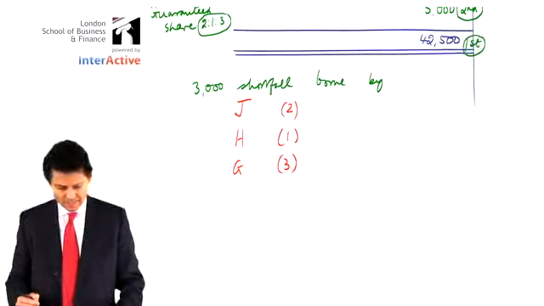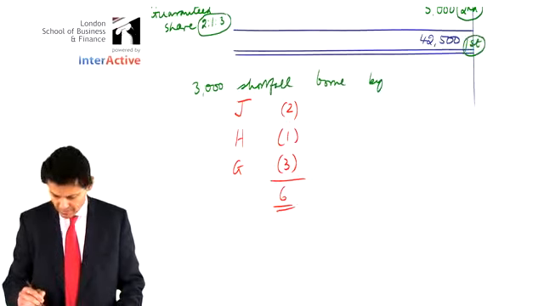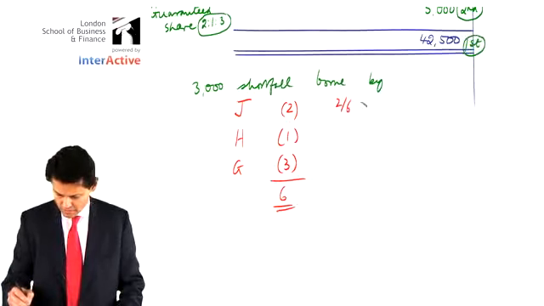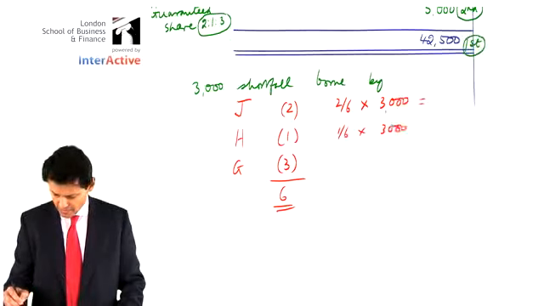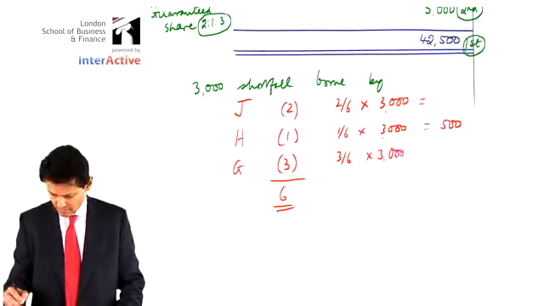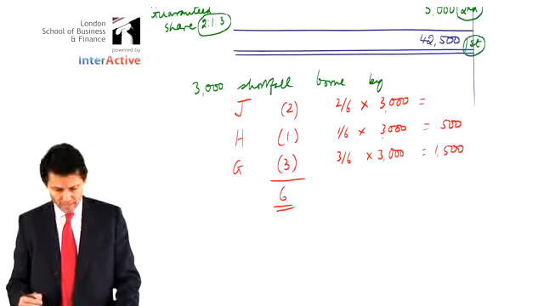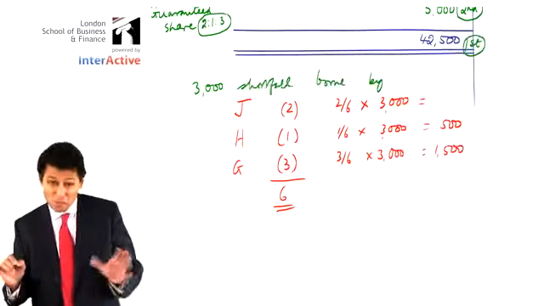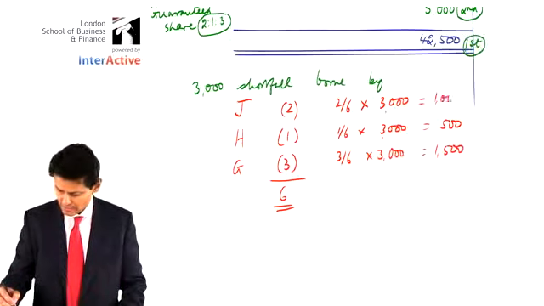3 into 5 and 1, 6. If I added that up to 6, 2/6 of 3,000, 1/6 of 3,000, that's an easy one to do, 500, and of course 3/6 is half, and 2/6 is about 1/3 of 3,000, obviously 1,000.